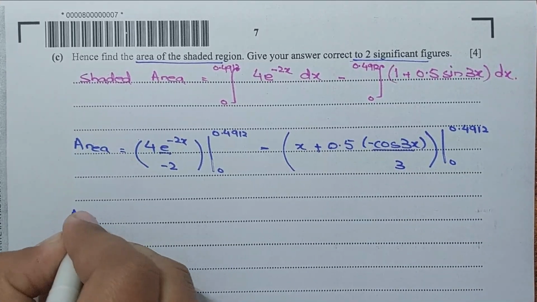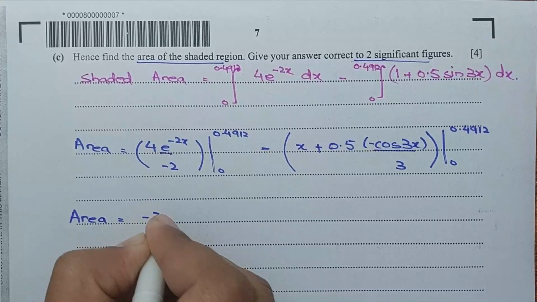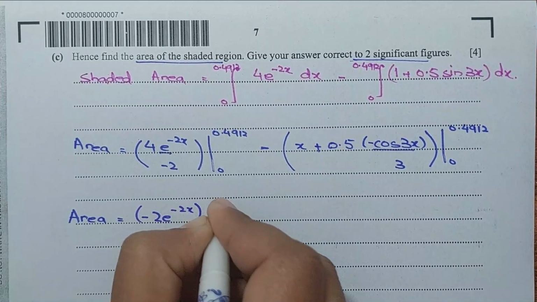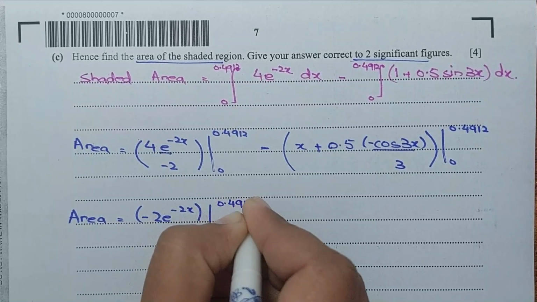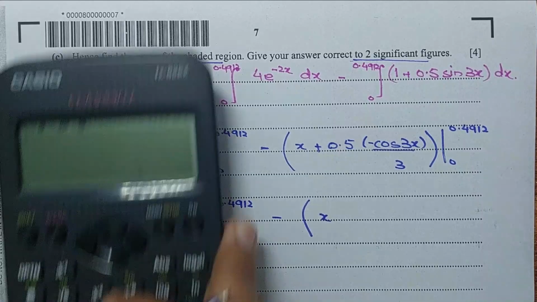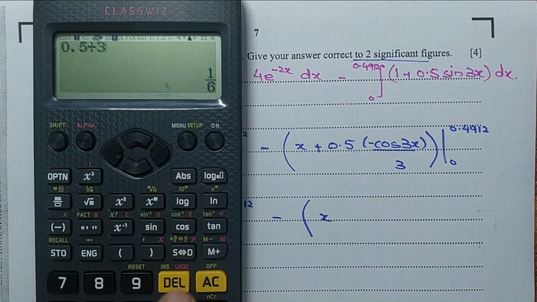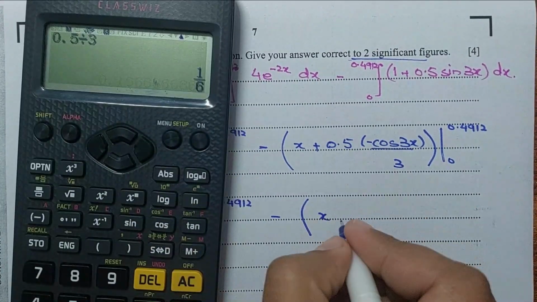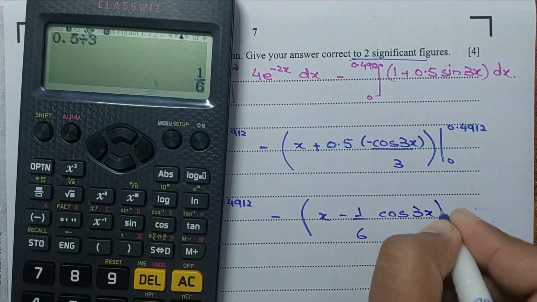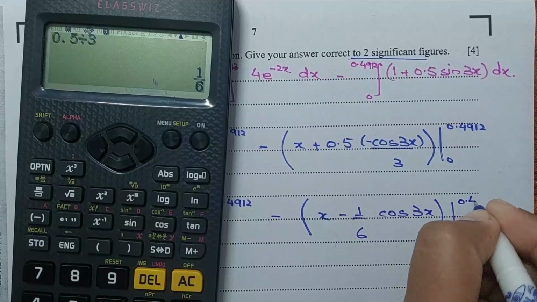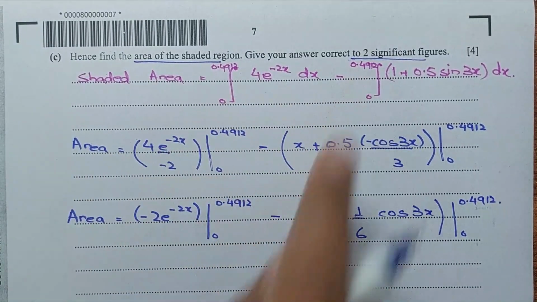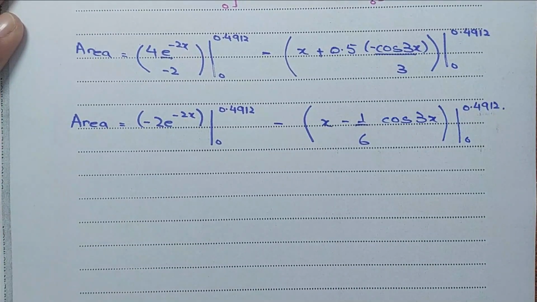So simplifying, the area becomes minus 2 e to the power minus 2x from 0 to 0.4912. Subtract x, and what is 0.5 divided by 3? It's 1 over 6, minus 1 over 6 cos 3x, from 0 to 0.4912. We need to find the area up to two significant figures. Now we have to apply limits.